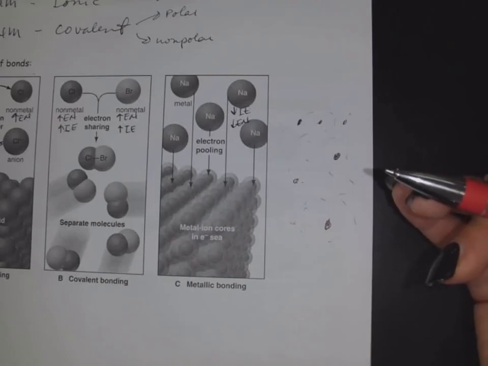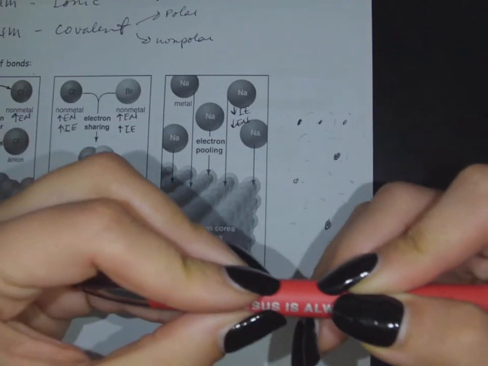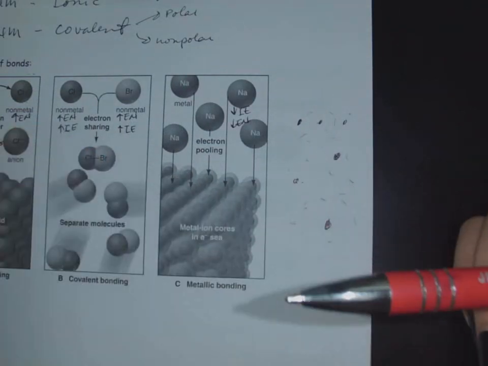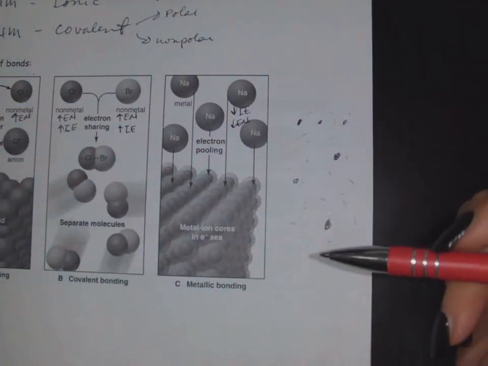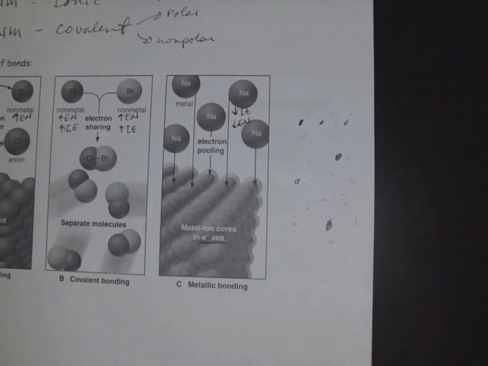It's easy to pull them apart because these atoms are not holding on to these electrons tightly. So phrasing I've heard is electron sea, or a sea of electrons floating around these atoms. And that would be a metallic bond. Right?